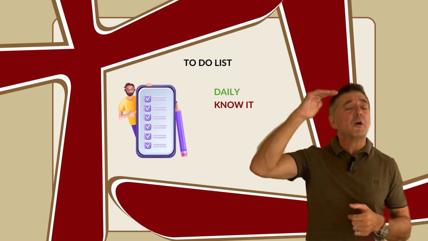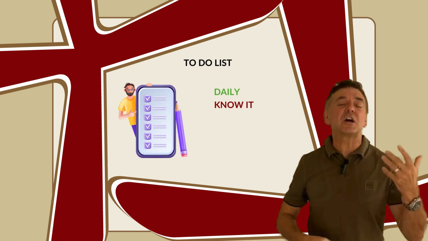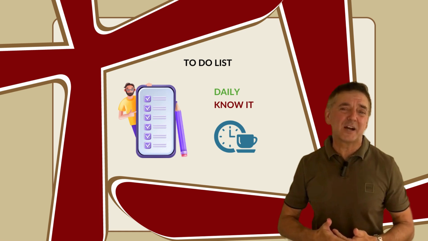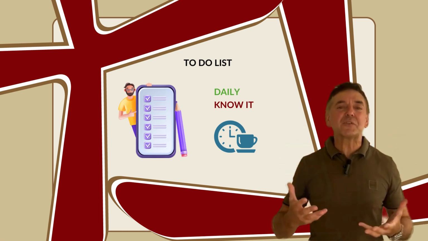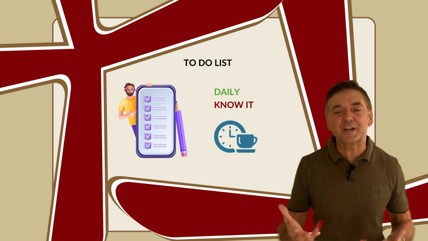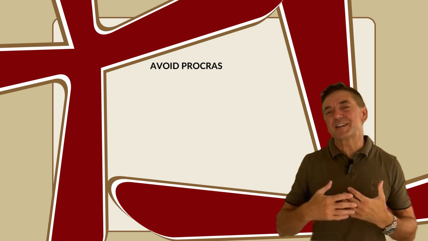Make sure you know your priority tasks for the following day, the appointments, the times that you need to be there. Make sure you actually schedule breaks in as well and stick to them, because having a break is something so important because it makes us look at tasks with fresh eyes. And going on from that, avoid procrastination.